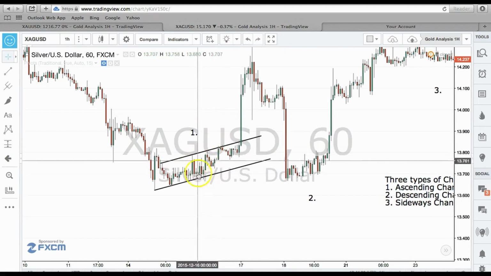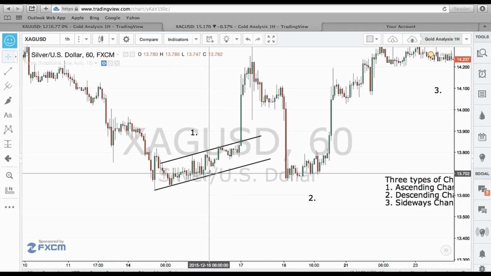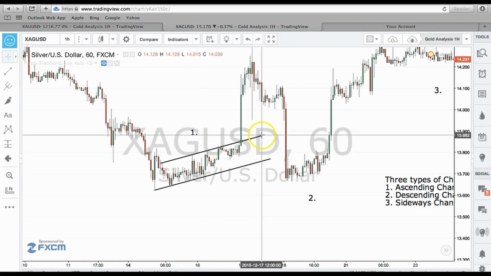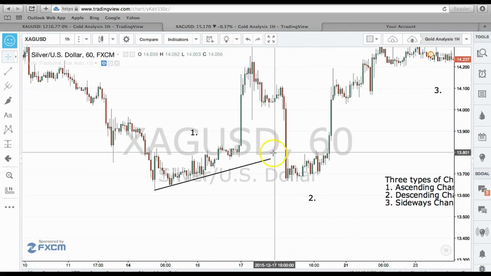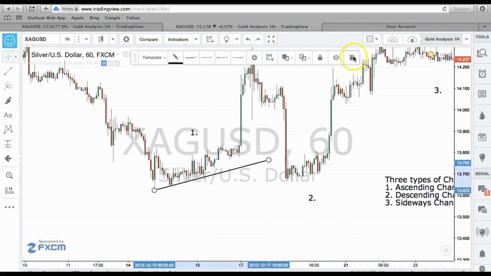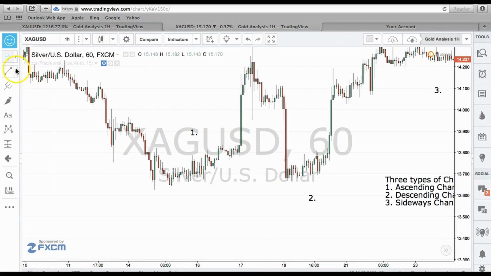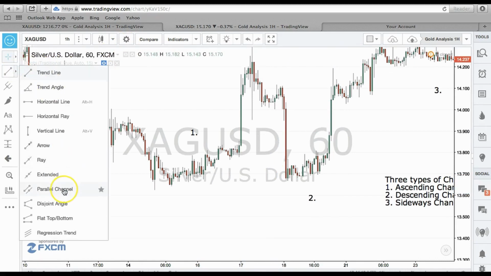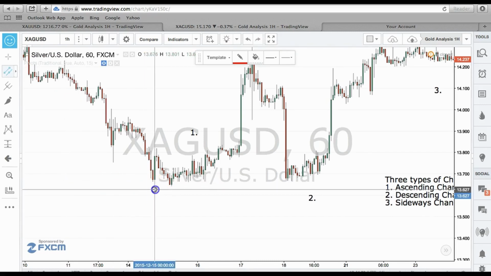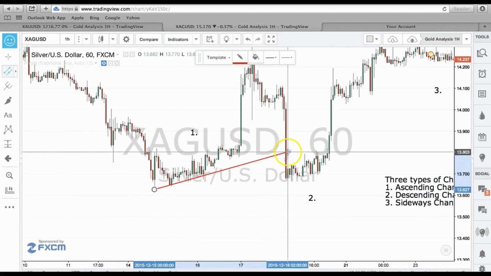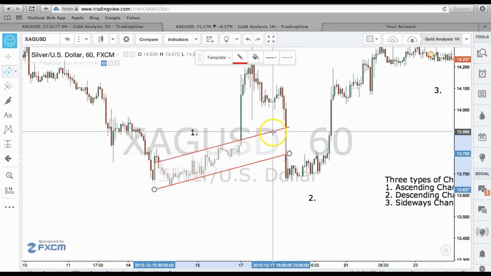Now, this right here is considered a channel. However, there's a tool on TradingView that you can use to create that same channel. It's right here under Parallel Channel. So using those same points, I'm going to create that channel.